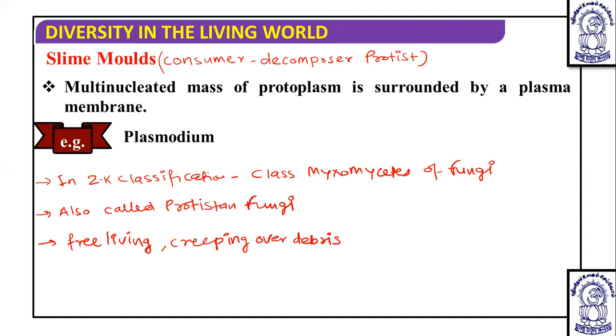And this debris consists of fallen leaves and rotting logs of wood. They have naked protoplast, meaning cell wall is absent in vegetative stages.